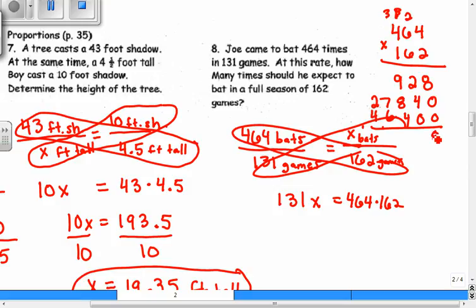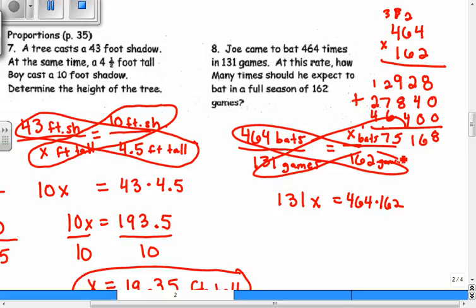We have 8. 2 plus 4 is 6. 4 plus 8 is 12. Plus 9 is 21. 2 plus 7 is 9. Plus 6 is 15. 2 plus 4 is 6. Plus 1 is 7.